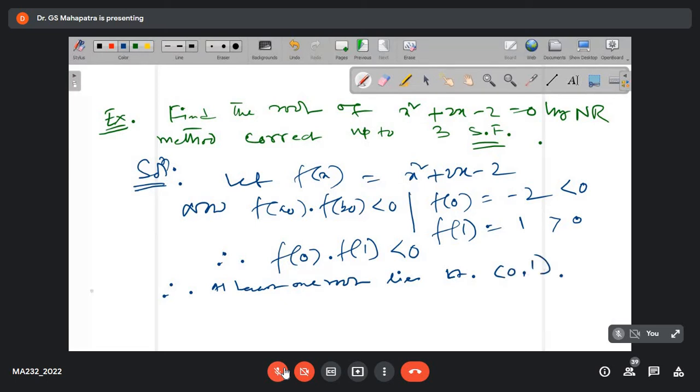Now you have to consider a first approximation, since it is not given in the problem. If it is given, for example x equals 0.5 as the initial approximation, then you have to consider 0.5 as x naught. But here you are free to choose.